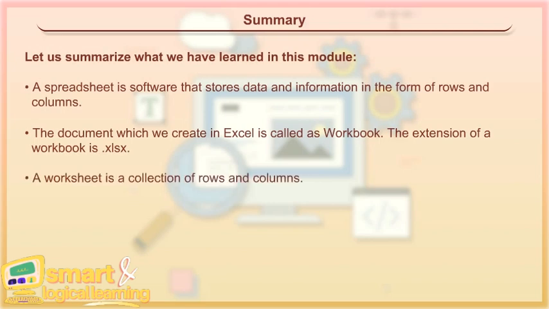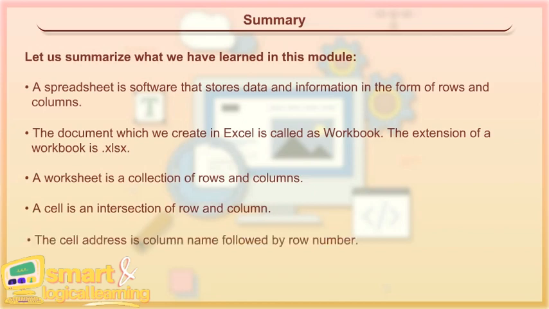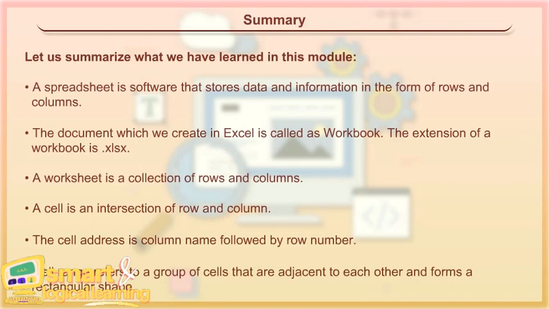A worksheet is a collection of rows and columns. A cell is an intersection of row and column. The cell address is column name followed by row number. Cell range refers to a group of cells that are adjacent to each other and form a rectangular shape.